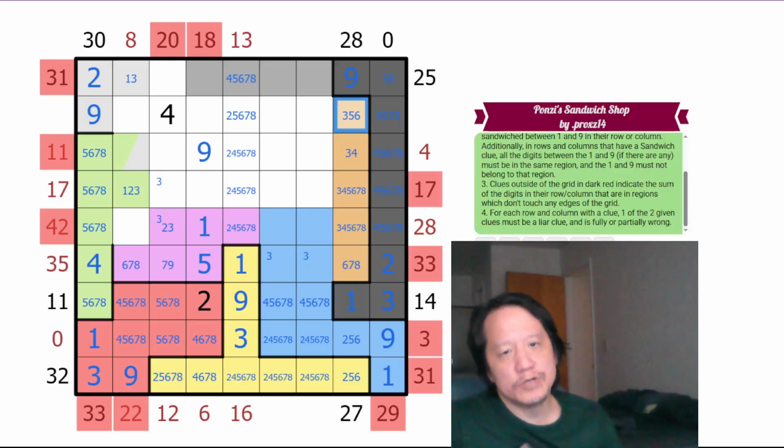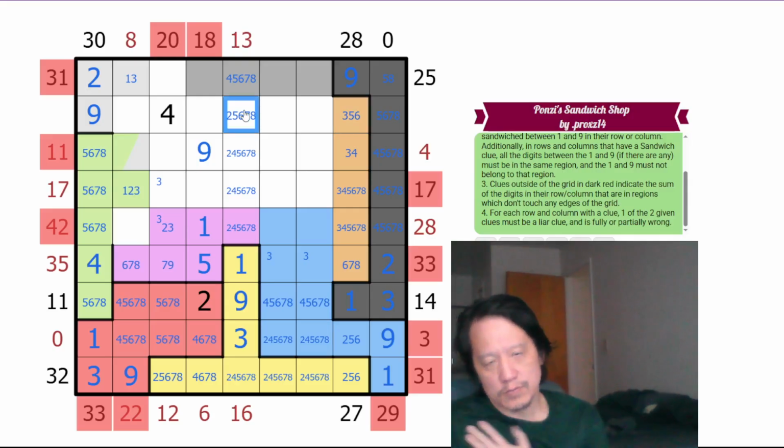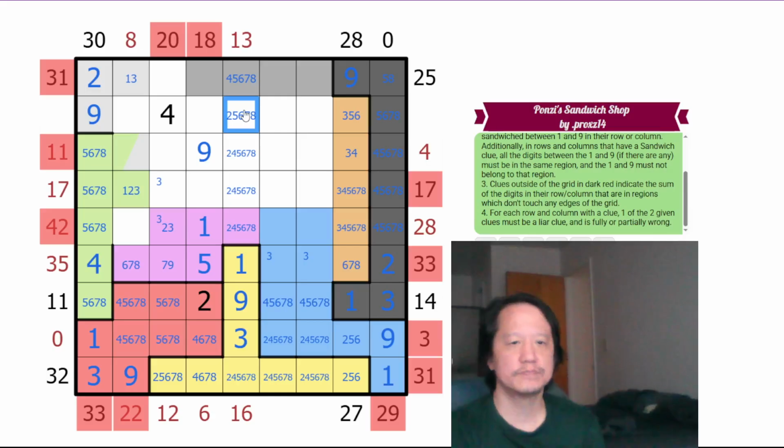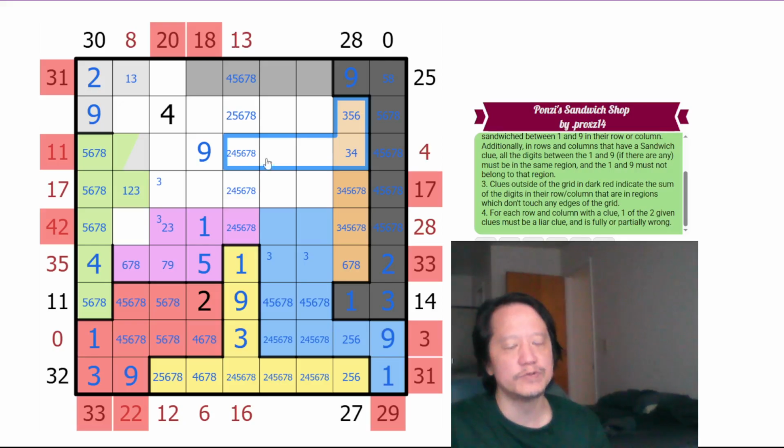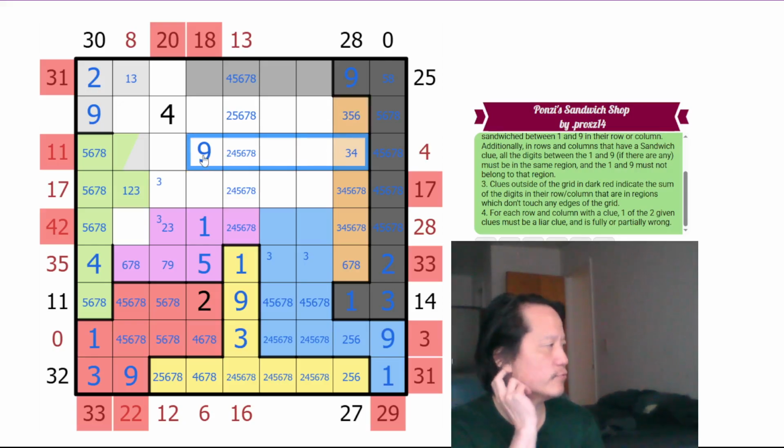Okay, so orange can never reach here. So we just have 10 available in columns. We have 4 available in row 3.